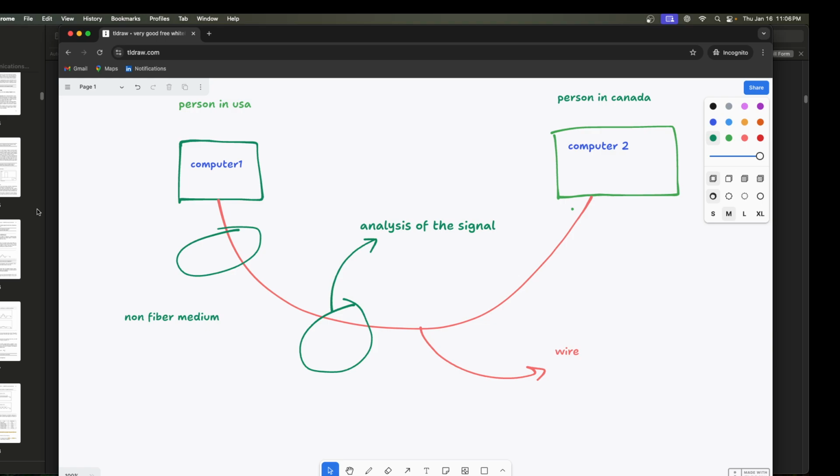We are studying this, and remember, the signal inside this medium will be electrical, right?